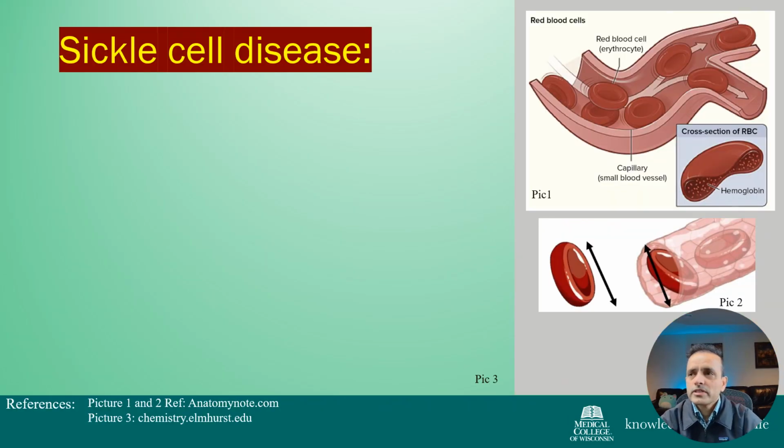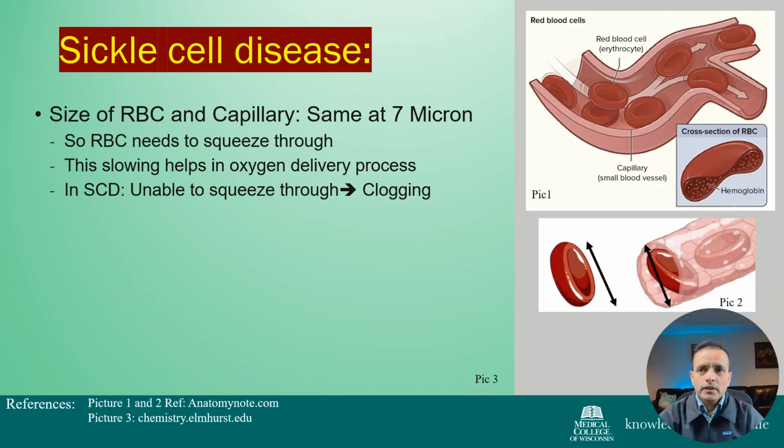So let's talk about sickle cell disease. The size of an RBC and a capillary are almost the same, so whenever an RBC travels through a capillary it has to squeeze through. That requires the hemoglobin to be really flexible.